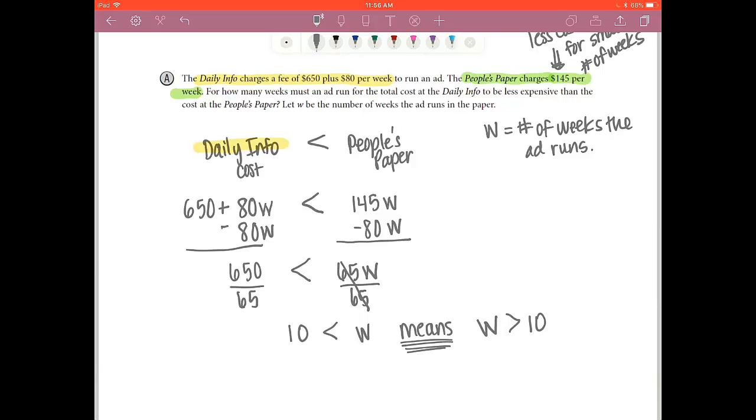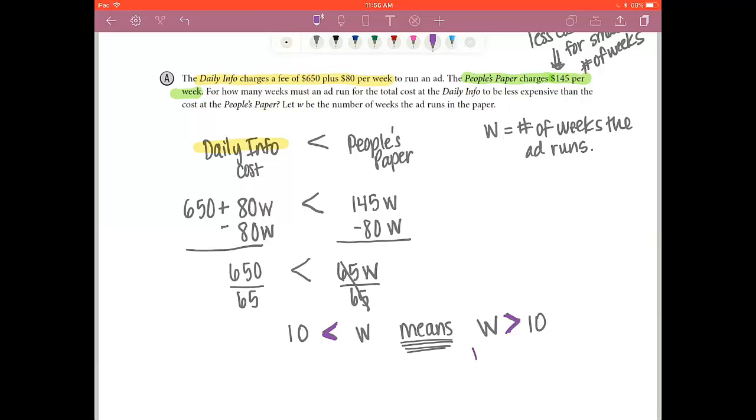So this is very, very important. When the inequality is written with the variable on the right-hand side, you can rewrite it with the variable on the left. However, your inequality symbol is going to continue to go in the direction of the variable. In this case, the inequality is going in the direction of W. W is bigger than 10.